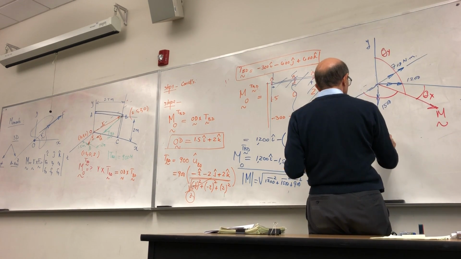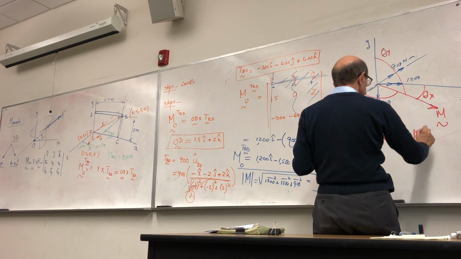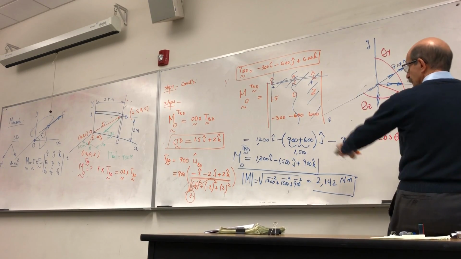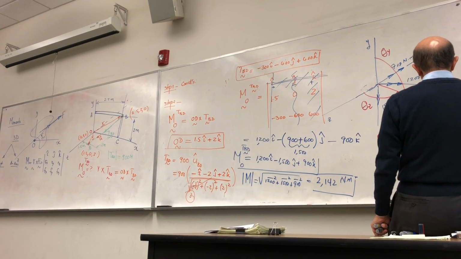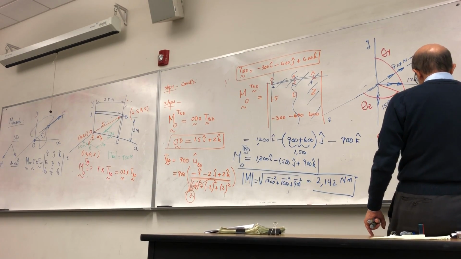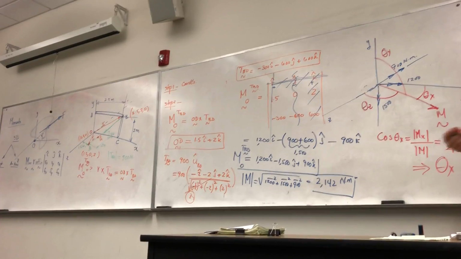Cosine of theta x, for instance, would be M of x divided by the magnitude of that moment. So it would be, for instance, in this case, 1200 divided by 2142. So that will give you theta x, if you want to find that. Same thing, theta y, theta z.